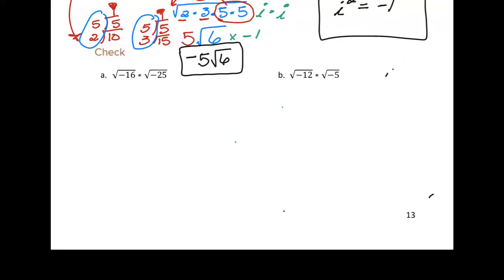So each one is a square root of a negative number, all right? Let's rewrite it as the square root of the positive 16 times -1. And the second one is the square root of positive 25 times -1.